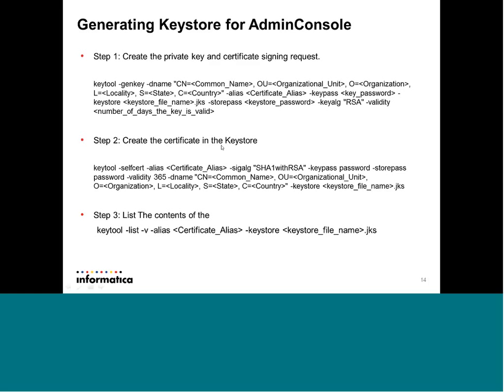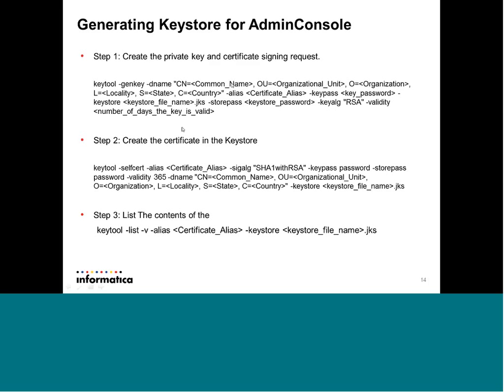Then we'll have to create the certificate in the key store. For that, we'll have to certify the certificate signing request which we got in step 1. So we'll use the same key that we generated in step 1 because by the end of step 1, the file with this name, keystore filename.jks, will be created. And we operate on the same file, keystore filename.jks, in the second step and import or create a certificate with public key in the key store.